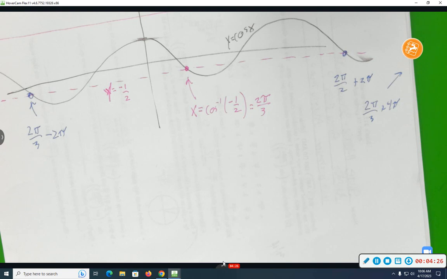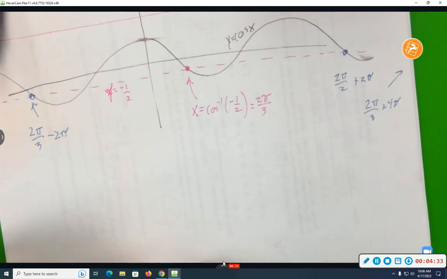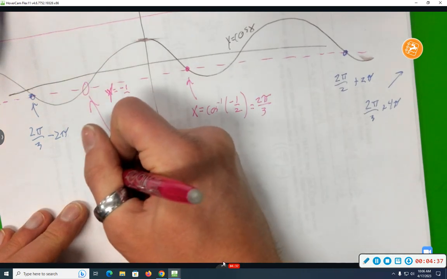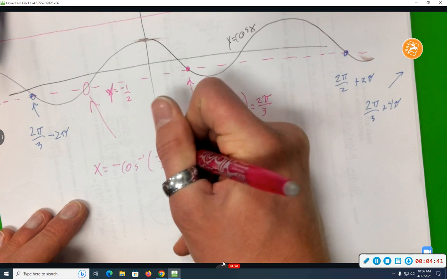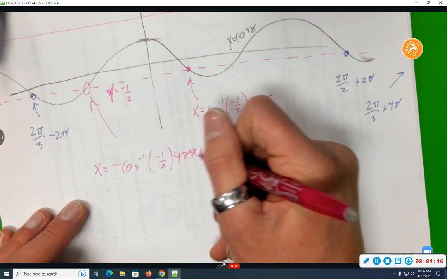That agree? Yeah. In general, cosine is even, so you get a second solution over here at x equals negative cosine inverse of negative 1/2 plus 2 pi k.